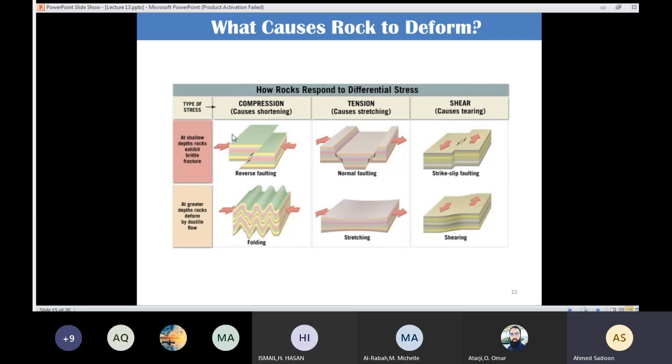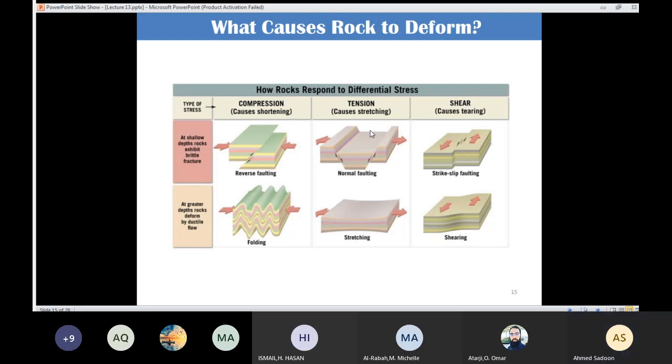So, as you can see here, you talk about the compressional stress. If the material is brittle and it's subjected to compressional stress, we are going to have a break or fracture like this one with relative movement. And if the material was ductile, subjected to compressional stress, then I'm going to have folding, which means bending like this one in the shape of waves.